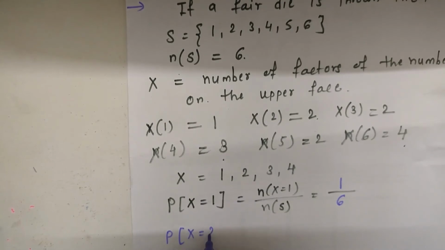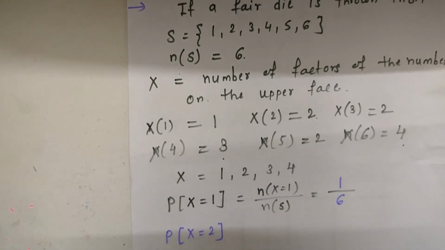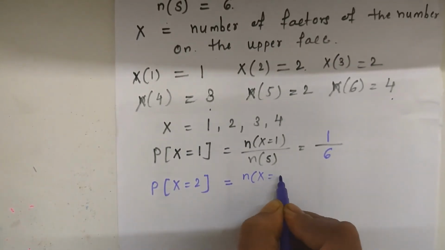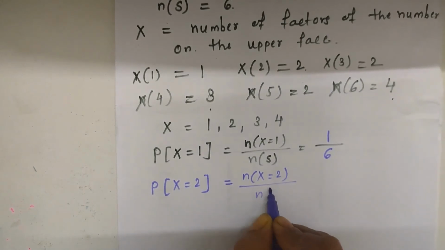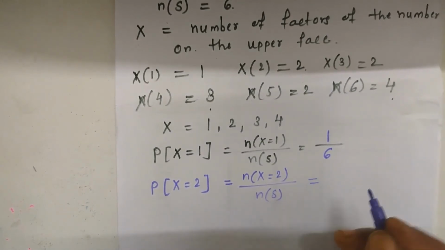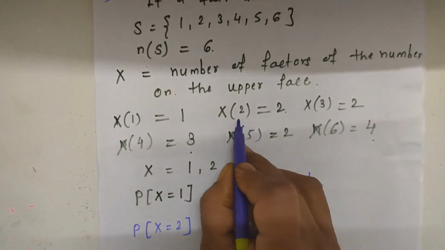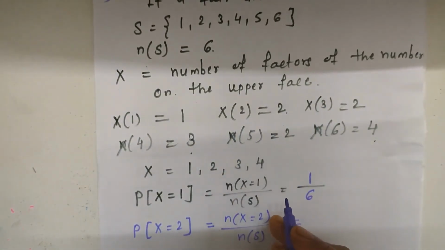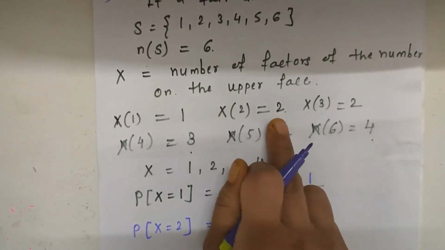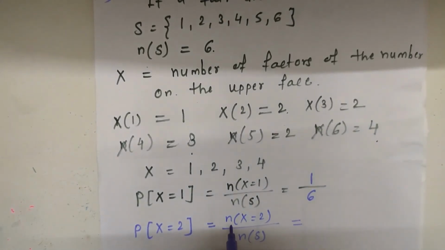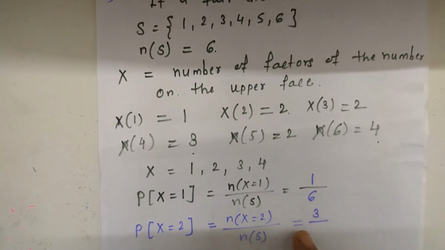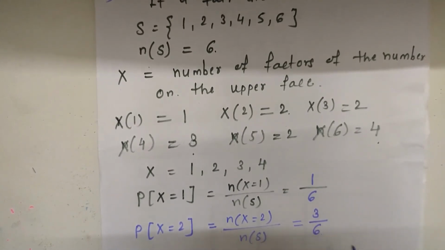Probability for x equal to 2: there are 3 numbers, 2, 3 and 5, whose number of factors is 2. So the probability is 3 by 6.